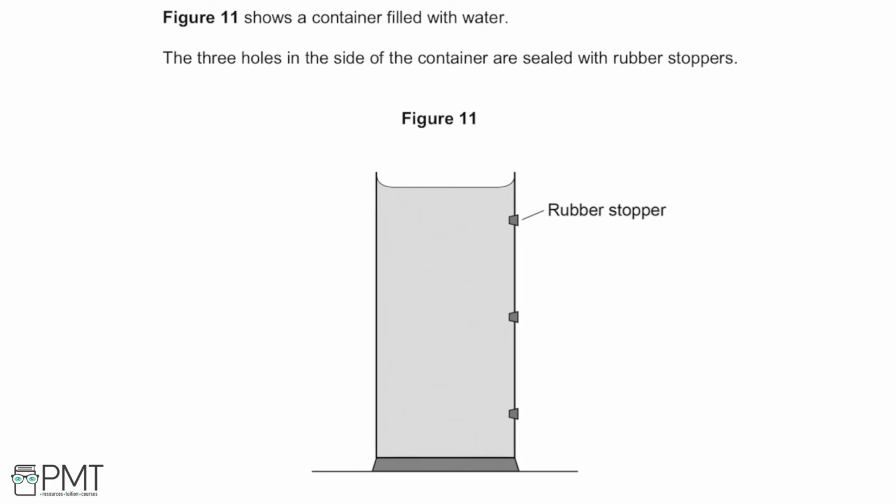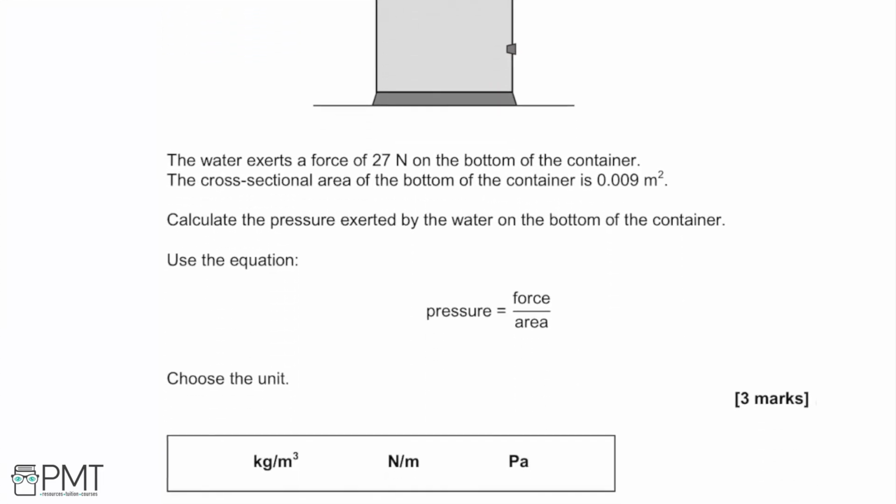So in this question, we're given figure 11, which shows a container filled with water. The 3 holes in the side of the container are sealed with rubber stoppers, and you can see the 3 holes here, here and here, and then the rubber stoppers which are filling them. We're then told that the water exerts a force of 27 newtons on the bottom of the container.